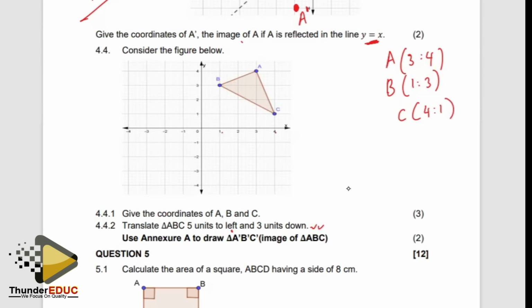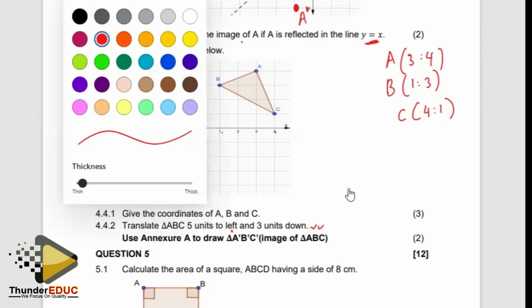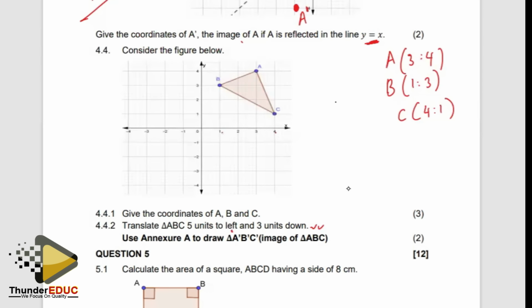So I'm going to use the same graph to draw that. Just let me change the color to black. Yeah, it's fine. So let me start with A. 5 units to the left, 3 down. So it's 1, 2, 3, 4, 5. And then 3 down, 1, 2, 3. So this is going to be my A prime. When I look at the B, it's going to be 1, 2, 3, 4, 5. Then 1, 2, 3.